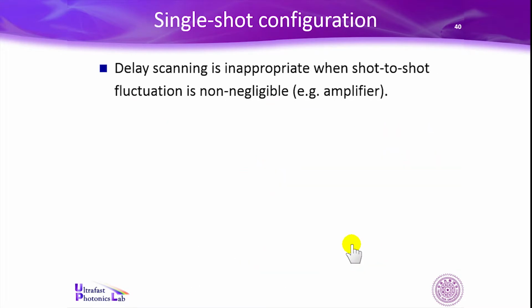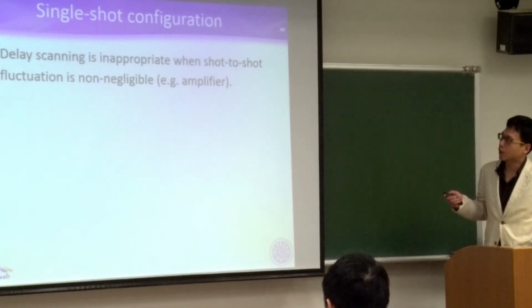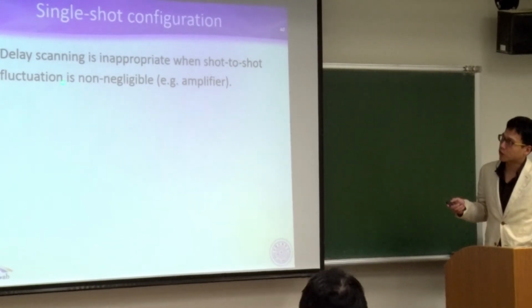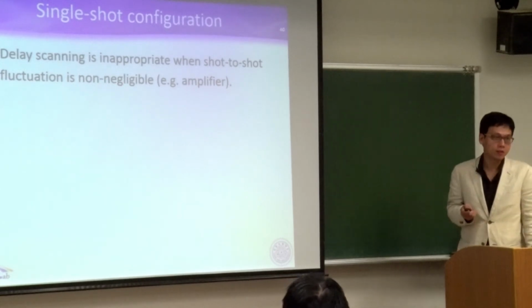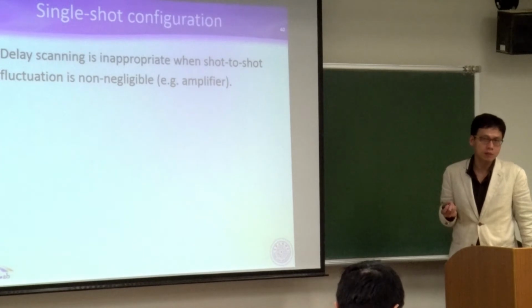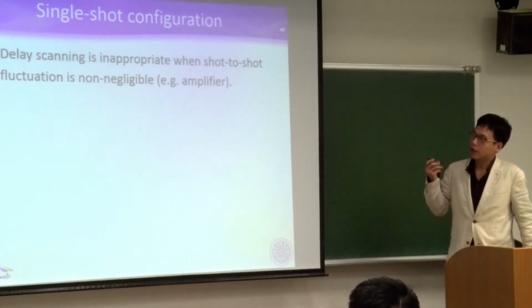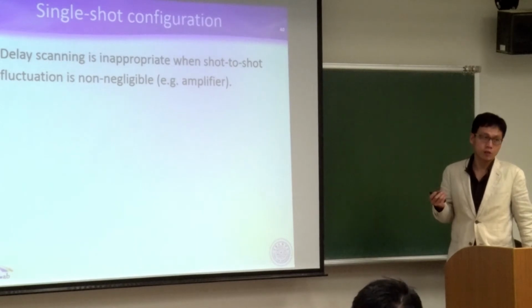Then, single shot configuration. Sometimes delay scanning is inappropriate, especially when shot-to-shot fluctuation is non-negligible, such as the output of laser amplifiers. Okay, because the pulse energy could be very large, the shot-to-shot fluctuation could be non-negligible.